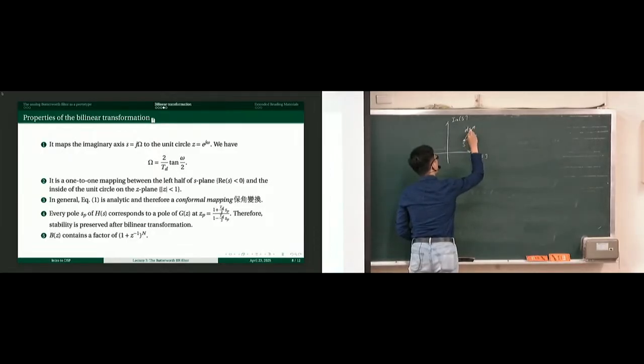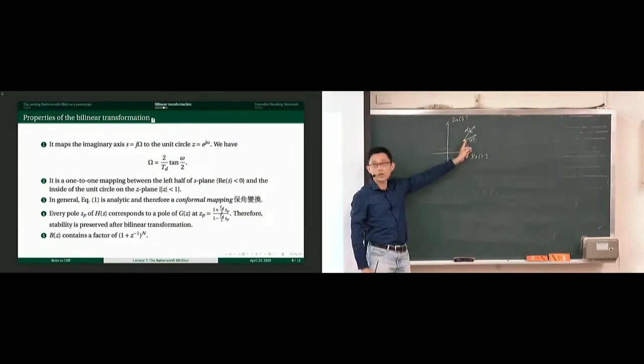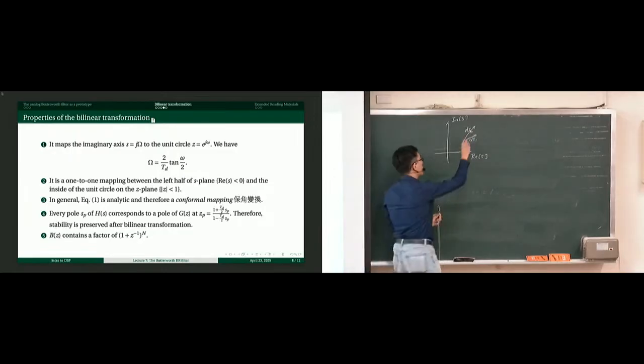Now I'm drawing a really big arrow, but imagine this is a very small step. Just for the sake of drawing, I make this arrow long. But two infinitesimal directions, two very small steps along the S1 direction or the S2 direction, and there's an angle. Let's say the angle difference is phi.